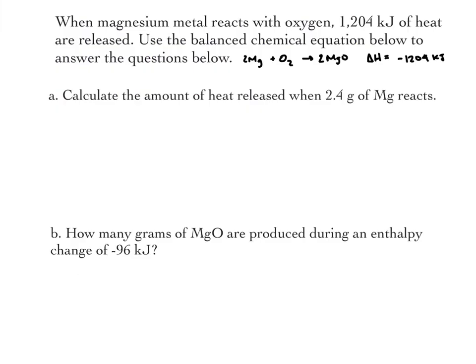When magnesium metal reacts with oxygen, 1,204 kilojoules of heat are released. We're going to use the balanced equation that's been provided below to answer each of the questions. In A, they want us to calculate the amount of heat released when 2.4 grams of magnesium reacts with oxygen in the air. So we're going to look at the relationship between our magnesium and our enthalpy value.